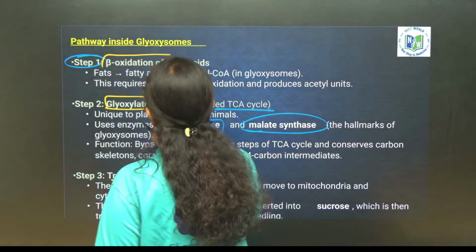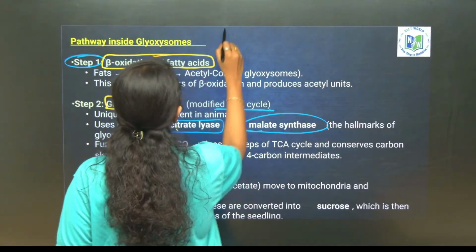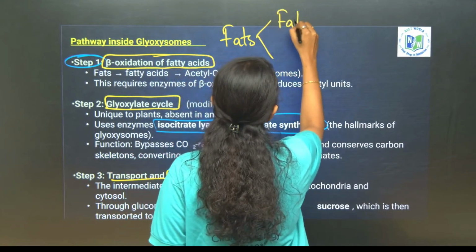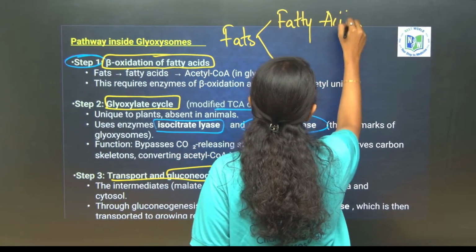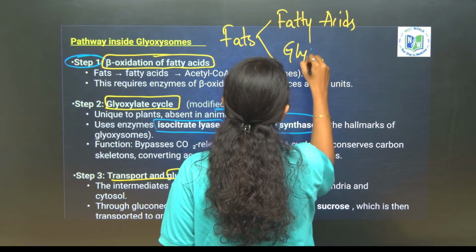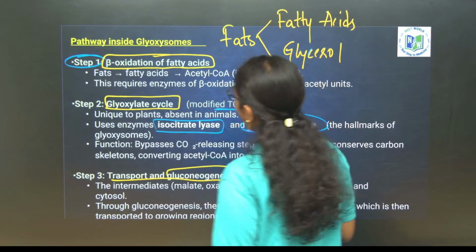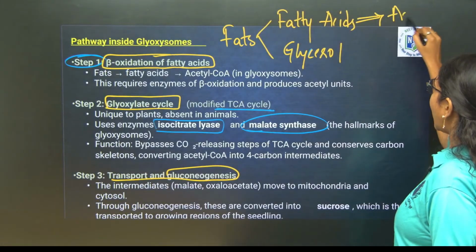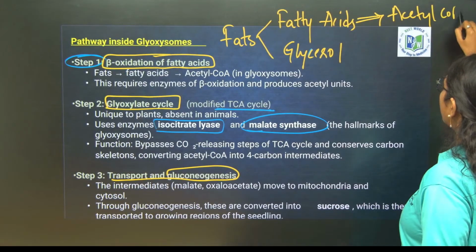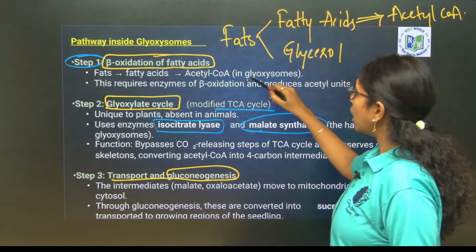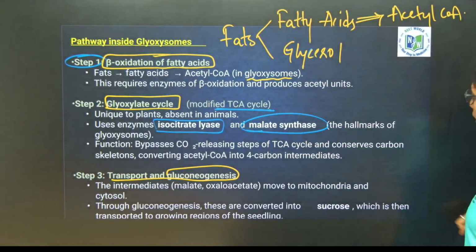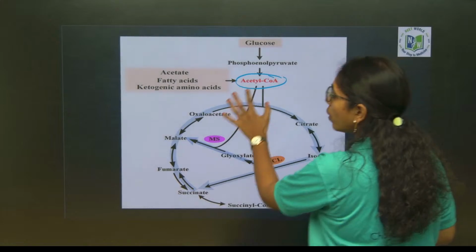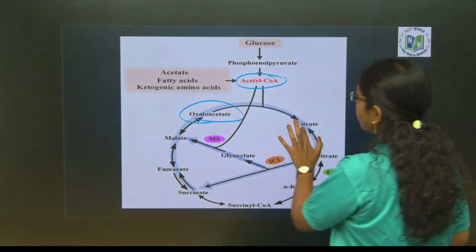First, beta oxidation of fatty acids. We know fats are converted to what? Fatty acids and glycerol, right, ma? So, this is the first conversion of fats, fatty acids and glycerols. Fatty acids will enter the cycle through what? Acetyl-CoA, okay, will enter the cycle through acetyl-CoA in glyoxysomes. This acetyl-CoA, which is the starter of the TCA cycle, combines along with oxaloacetic acid forming citrate.